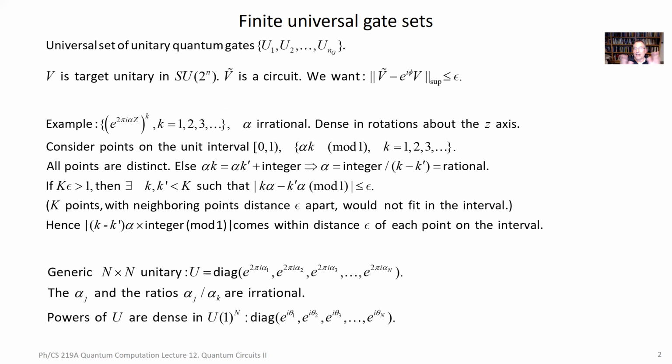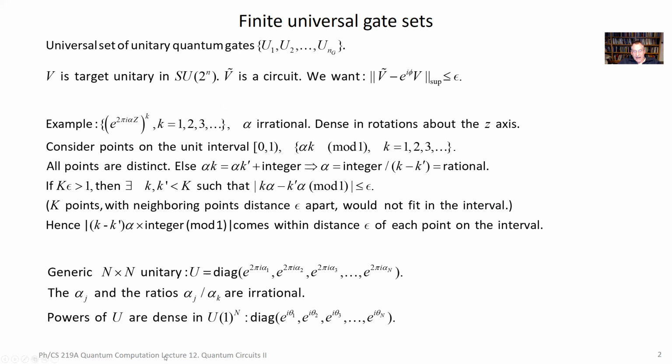So when I start taking powers of U for any generic U, then I'm going to cover uniformly, or get density in each one of N unit circles associated with the powers of each one of these N eigenvalues. And furthermore, I can get any combination of rotations about the N different directions in the unitary group, or in other words, with powers of a generic unitary, I can come as close as I want to any element of the unitary group which is diagonal in this same fixed basis.